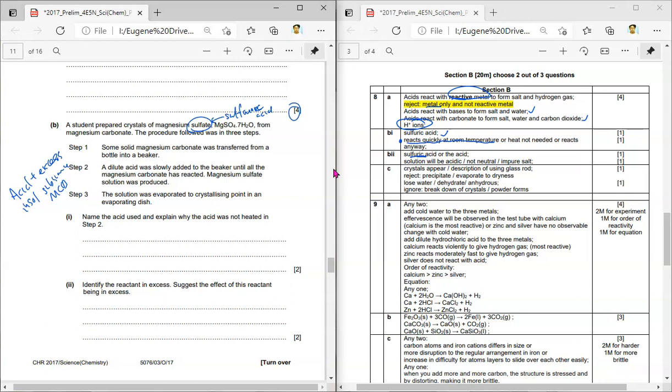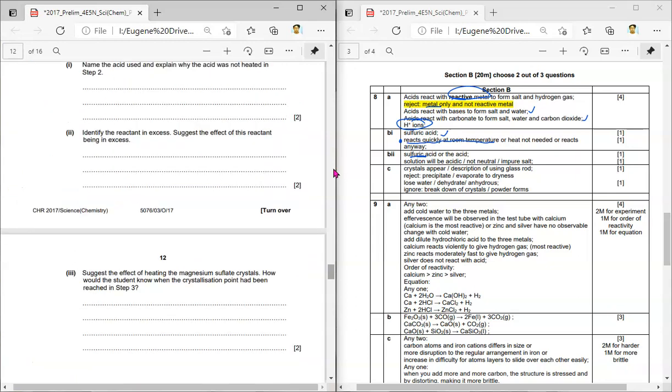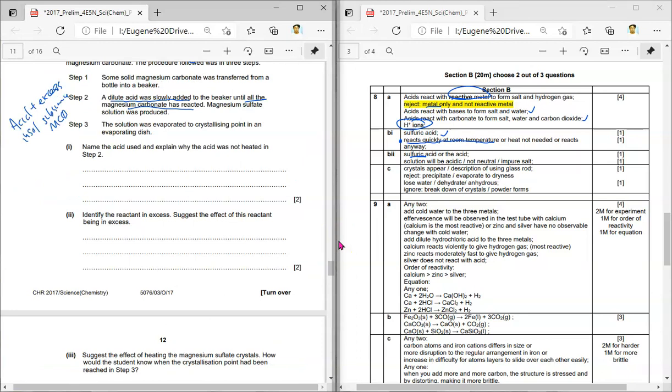Instead, the dilute acid was slowly added until all the magnesium carbonate has reacted. So when all the magnesium carbonate has reacted, you might have some excess acid over here. Therefore, the excess reagent in this case will be the sulfuric acid.